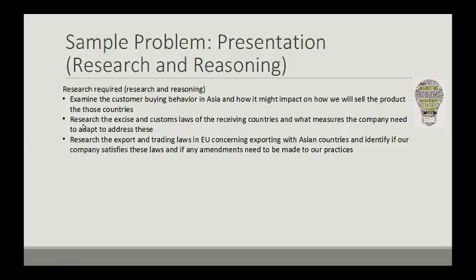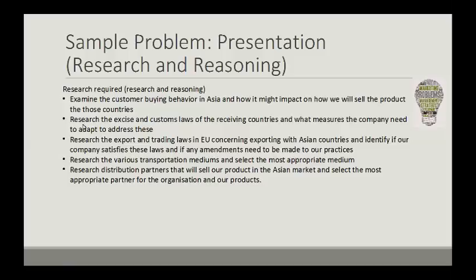They need to examine the export and trading laws in the European Union concerning exporting to Asian countries and identify if the company satisfies these laws and if any amendments need to be made to the company practices. The learner needs to research the various transportation mediums and identify the most appropriate medium.